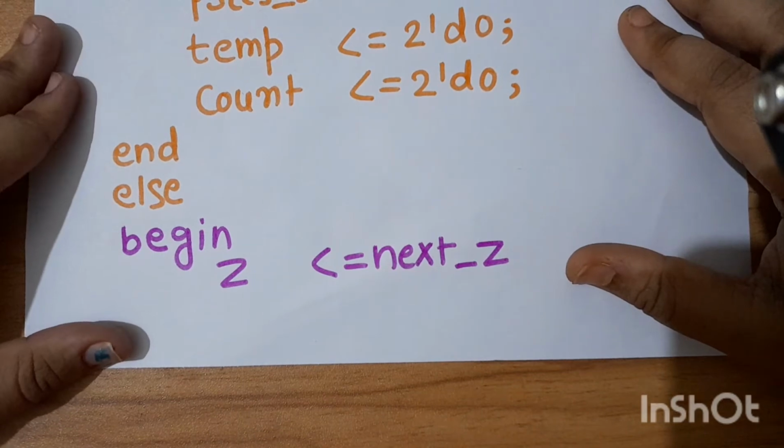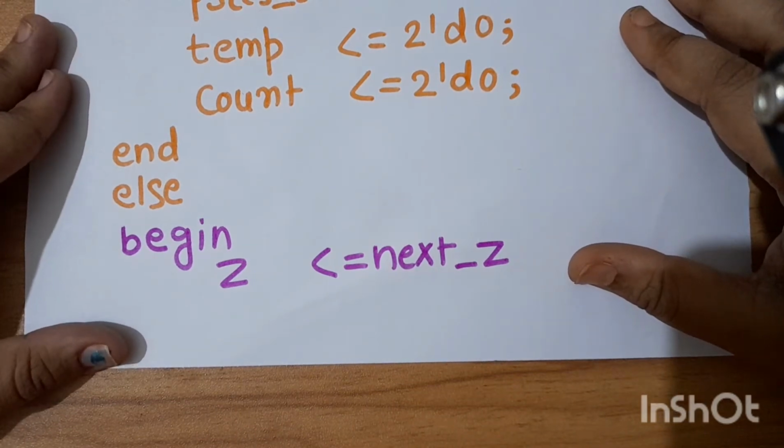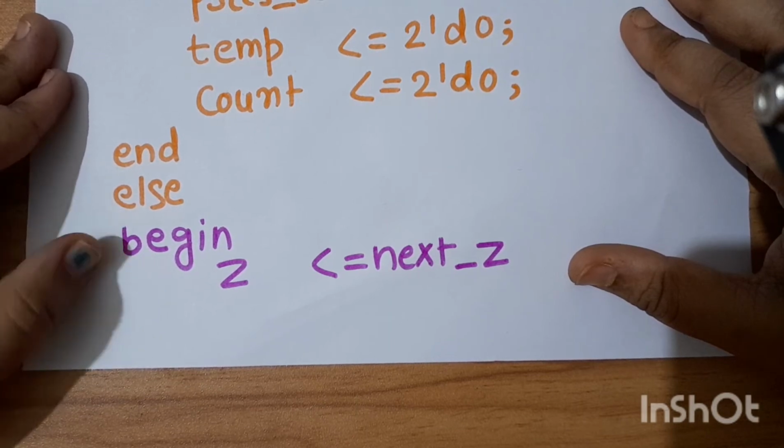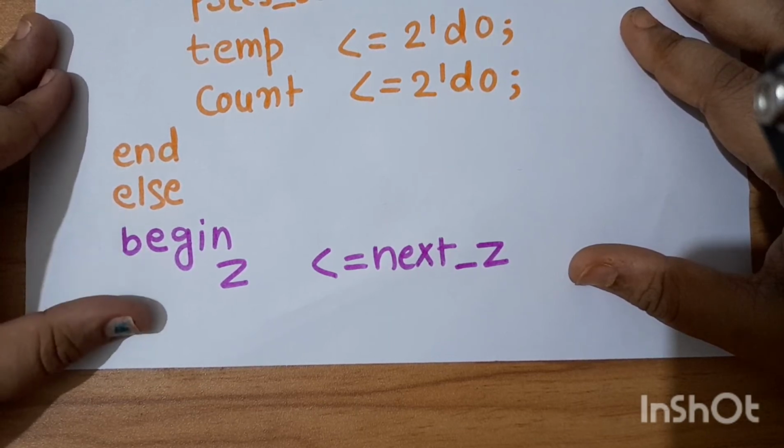Now else, if the reset is 1, at that time it will enter the else statement and the begin block will enter.